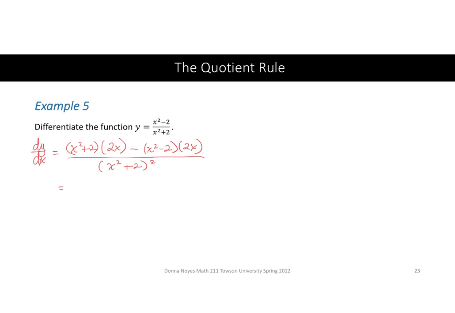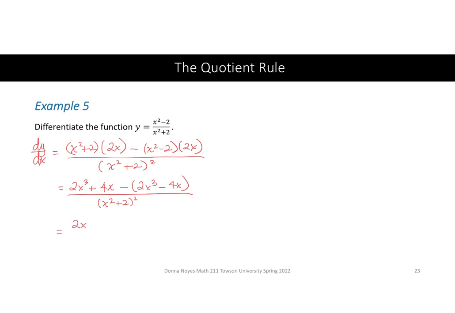So 2x times x squared gives us 2x cubed, and 2x times 2 gives us plus 4x. And now minus, let's run a 2x through. 2x times x squared is 2x cubed. Minus 2 times 2x is minus 4x, all over x squared plus 2, quantity squared.